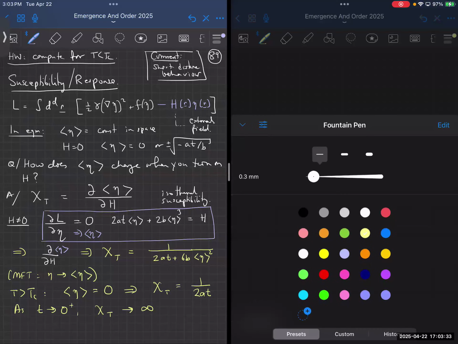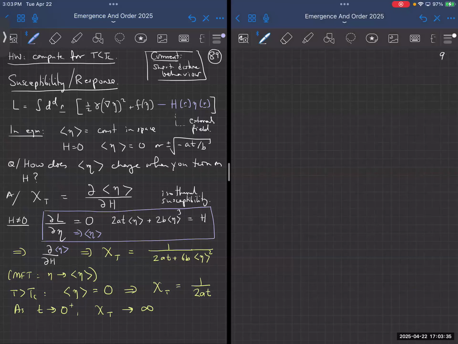Okay, so that's great, but it's not what we want to understand. Now we want to understand how does this have to do anything with spatial correlations?